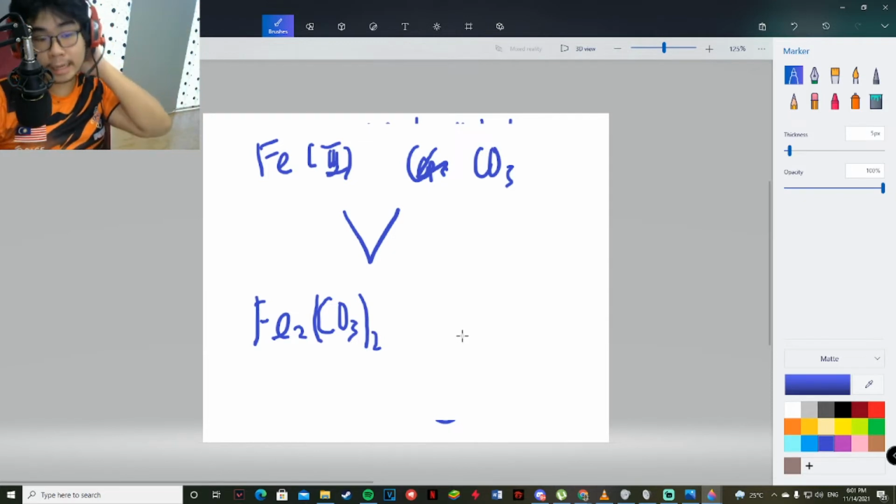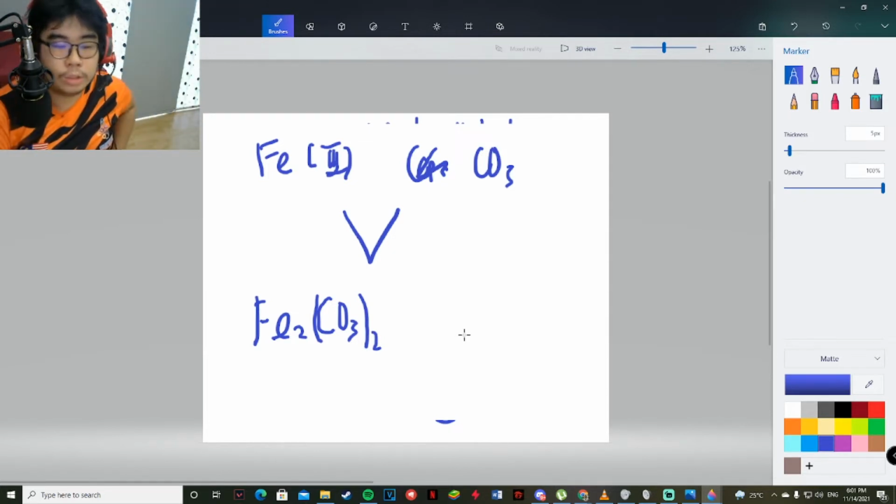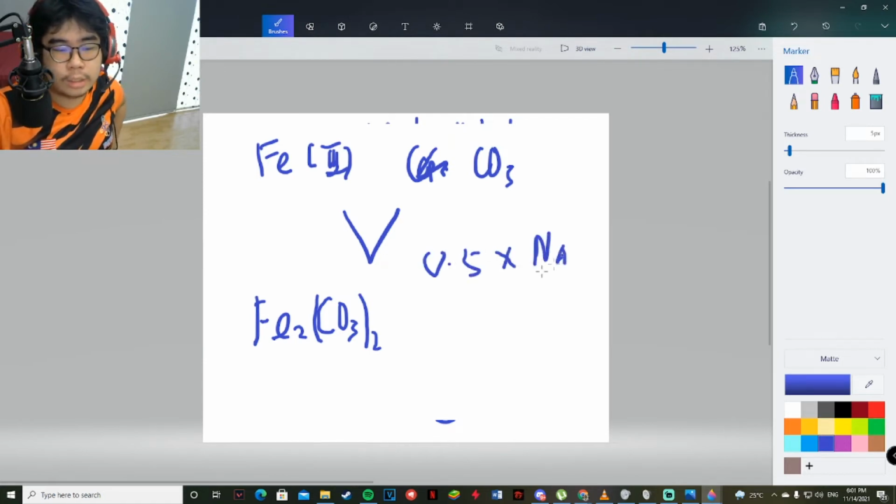So in this instance, when you calculate the number of atoms, it is not just given 0.5 mole and then you times the Avogadro number. It's not just this, because in this chemical substance you have not only one atom.